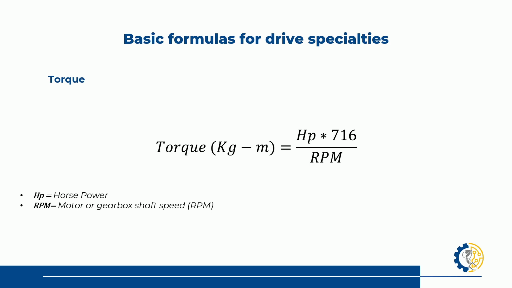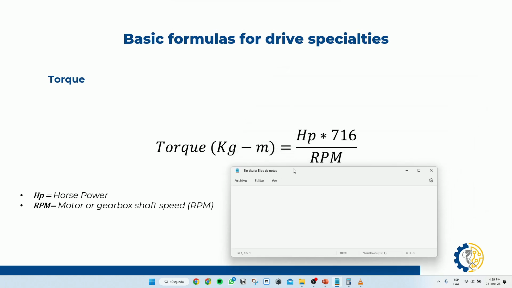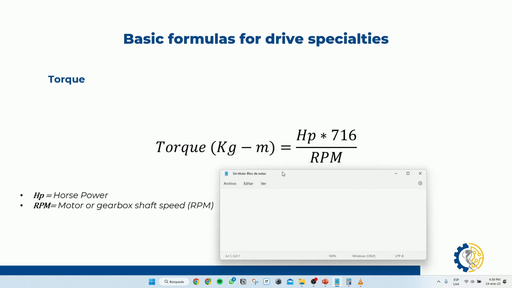Now, let's see on this side. I'm going to open my notepad, and let's run a drill, an exercise on how the velocity influences over torque. Torque and velocity go hand in hand.